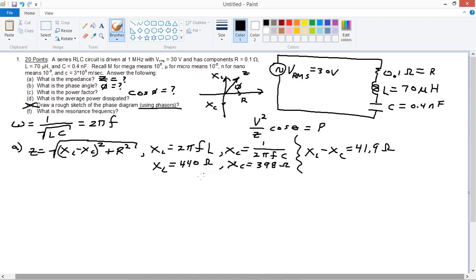These two, 440 and 398, were accurate to 3 sig figs, but the difference, you lose a significant figure when you took the difference, so you want to be careful about that.